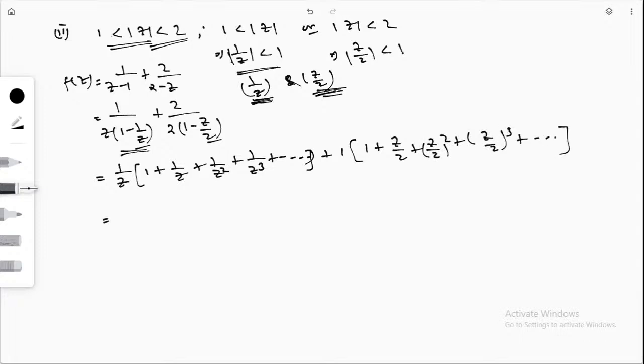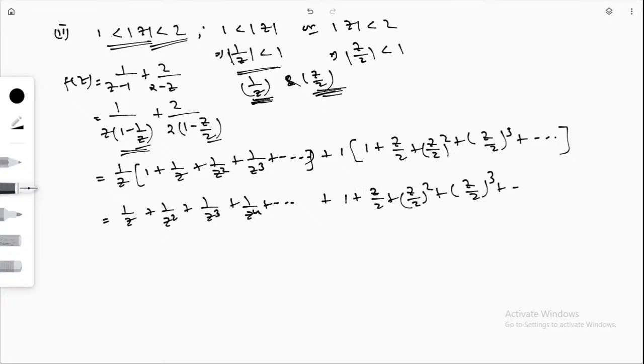So if we multiply 1 by z here, then this will be 1 by z, 1 by z square, 1 by z cube, 1 by z4, like this. And for this one, this is 1, z by 2, z by 2 whole square, z by 2 whole cube, like this.